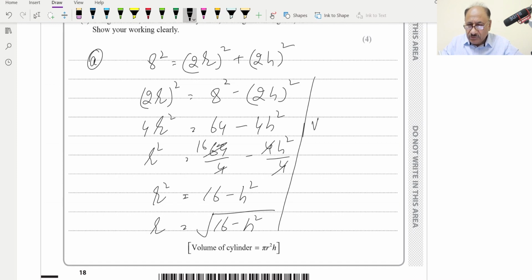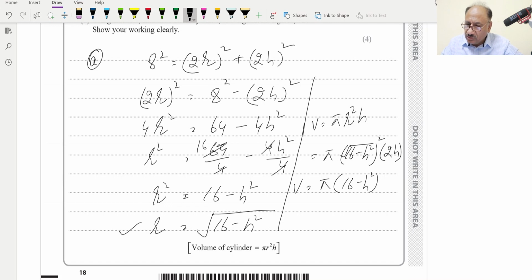So volume is equal to pi r squared h, and the r value is over here, which we have just calculated. We'll be replacing this. So 16 minus h squared under root and squared, and the height value is 2h. So v will be equal to pi into 16 minus h squared. Square root and square will be cancelled, and 2h.